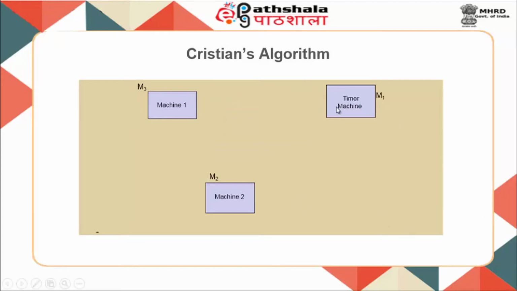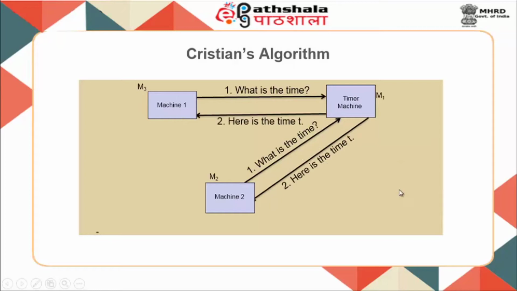We have one machine, which is the time server M1, and we have two other machines, M2 and M3. In step 1, M2 and M3 ask the time server what the time is. In step 2, the time server sends the time, saying here is the time t, and in step 3, the machines set their clocks.